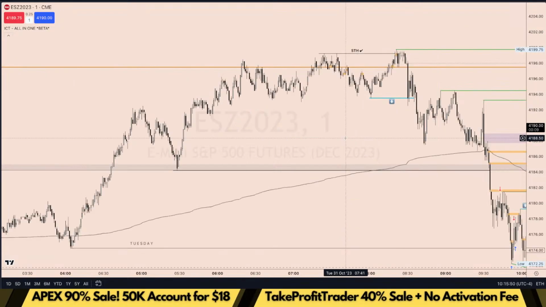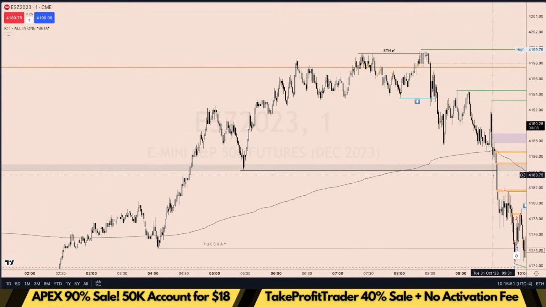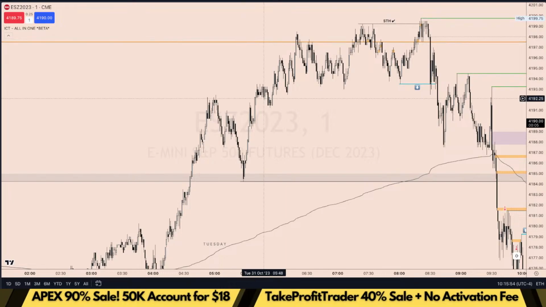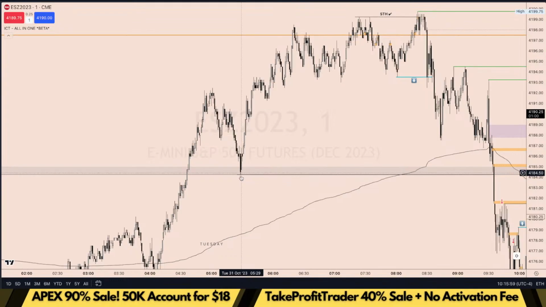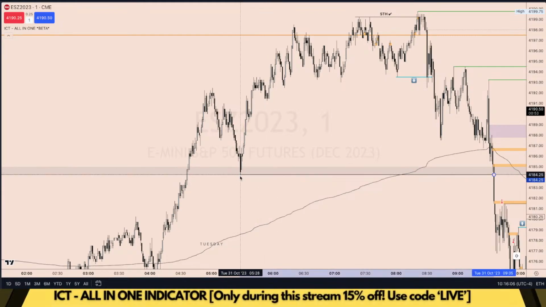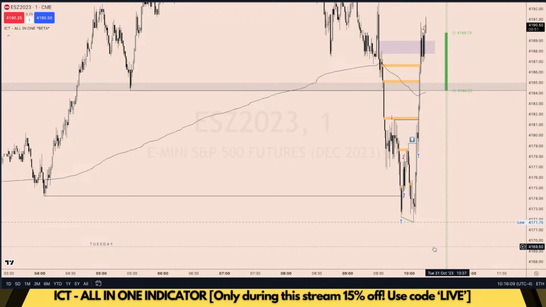Like we saw, for example, right here, we took out buy side, we consolidate, and we still deliver into that previous day's high. We retested daily opening level, also not a random level, similar to the midnight level, where we just bounced off down here.